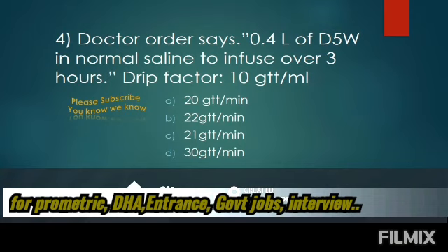Then the total to be multiplied by 10 GTT drops per ml. Then you will be getting the answer, the drops per minute.